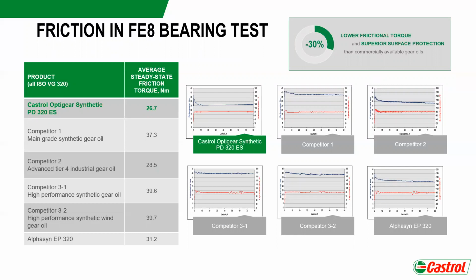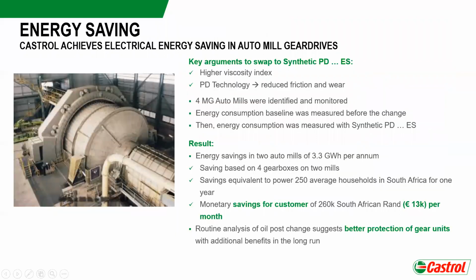On the next slide, it highlights what the low friction can do. So in this example, 4 auto mills were identified and monitored for energy consumption before and after changing to OptiGear synthetic PDES. The customer in question actually used an external company to carry out and ratify independently the results.